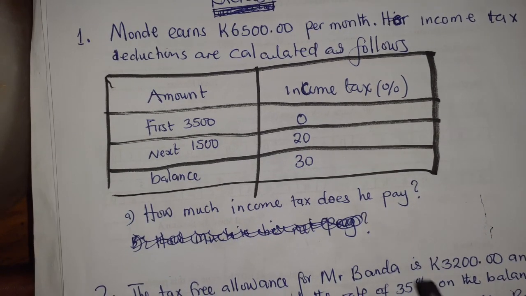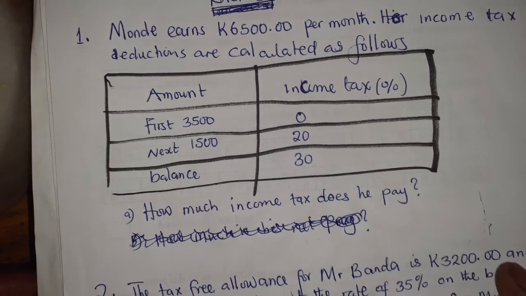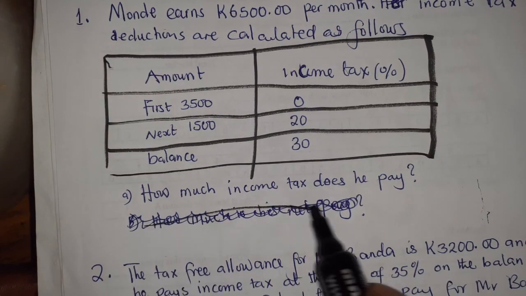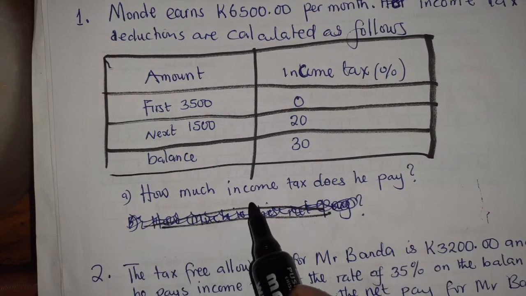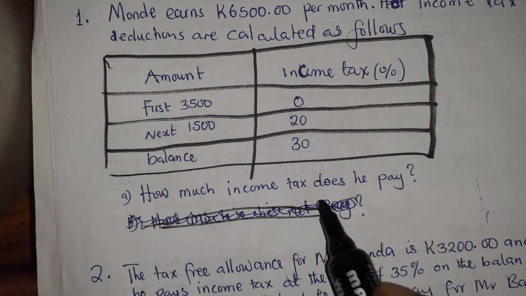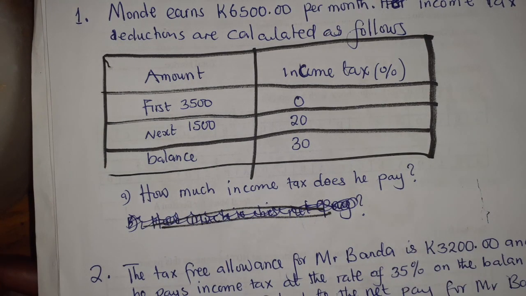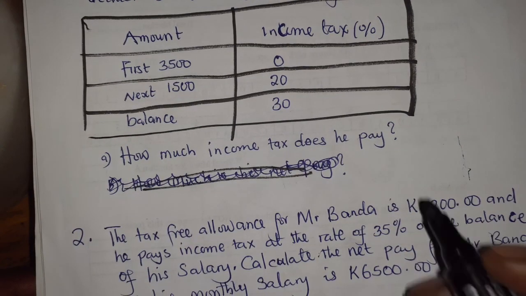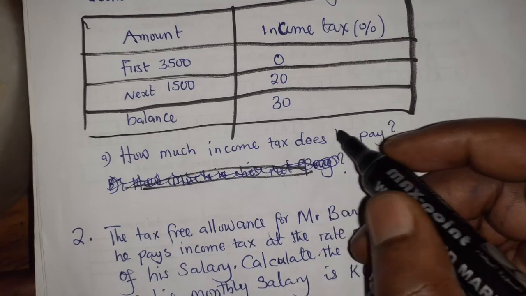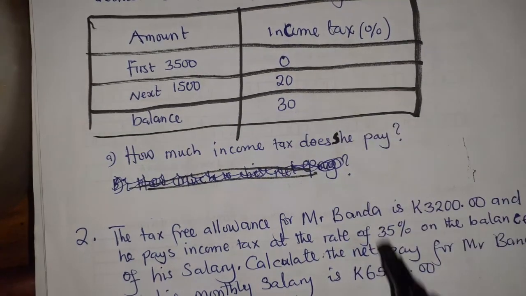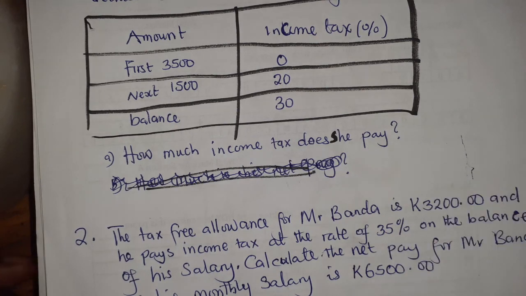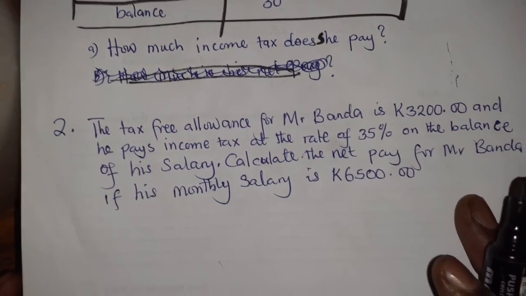Okay. So just like we did that. Then this first question is asking you how much income tax does she pay? All right? How much does she pay? Then we have another question here.